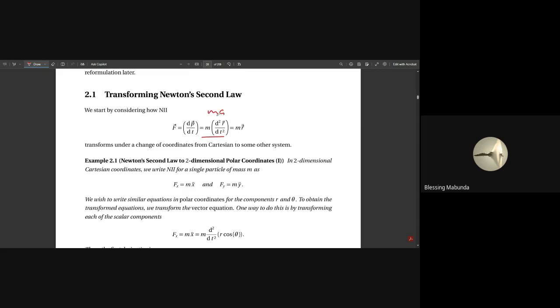The position vector r gives our x, y, z coordinates, and the velocity v is given by the time rate of change of the position vector. Acceleration is equal to the time rate of change of velocity, so we're looking at d/dt of v, and v was equal to dr/dt.